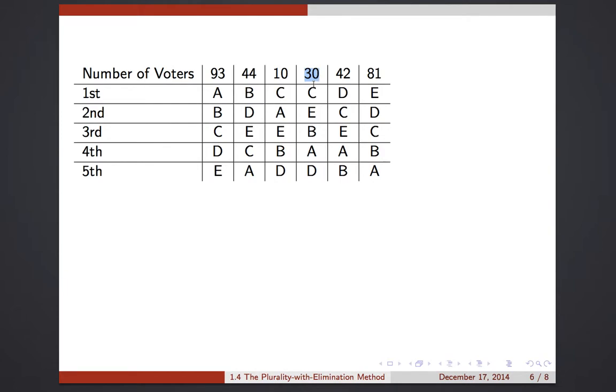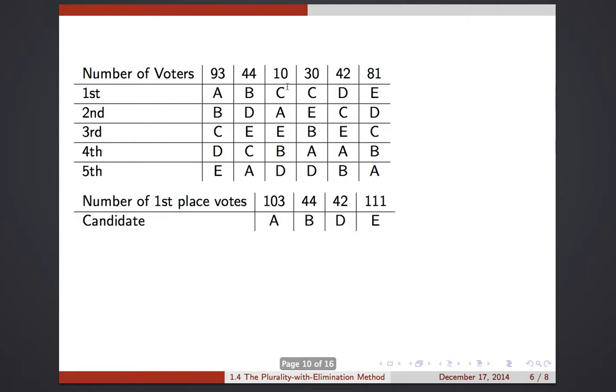These 30 people ranked C first, but what they're listing here is, if C is gone, I prefer E next. So presumably, if you did a runoff election with C now kicked out, these 30 people would vote for E. They're telling you that ahead of time with this preference ballot.